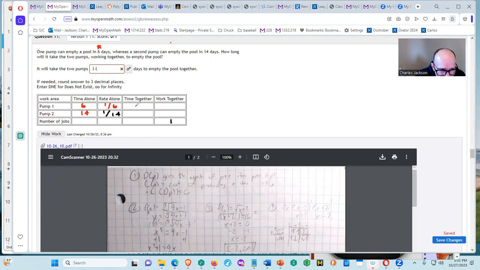Time together, I guess would have to be on this row. Number of jobs, I don't get their table. Okay, so let's forget that. I thought that was going to make more sense. Maybe I'm just missing it, but I think what it's trying to do is something like this.